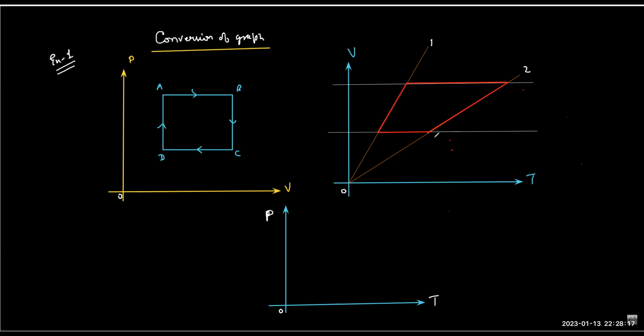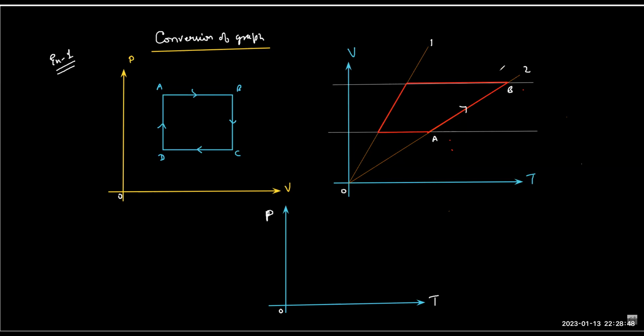Once I get A to B, B to C is an isochoric process, and the pressure is decreasing.